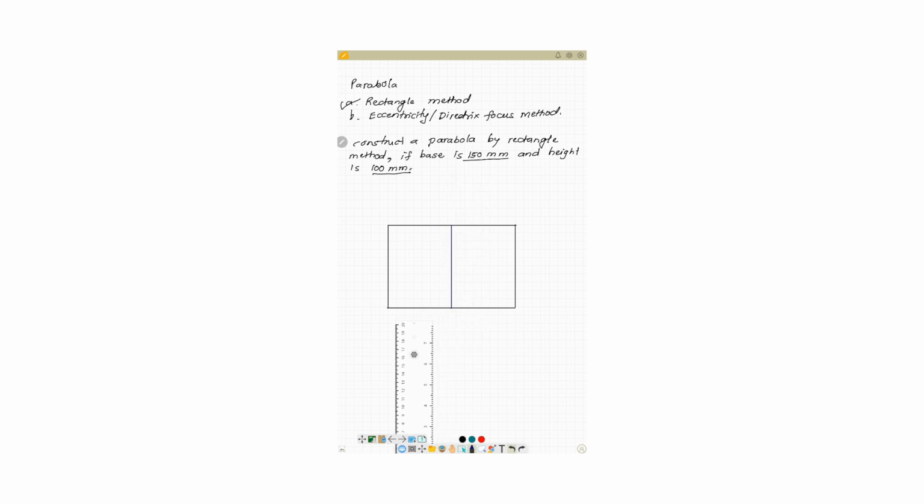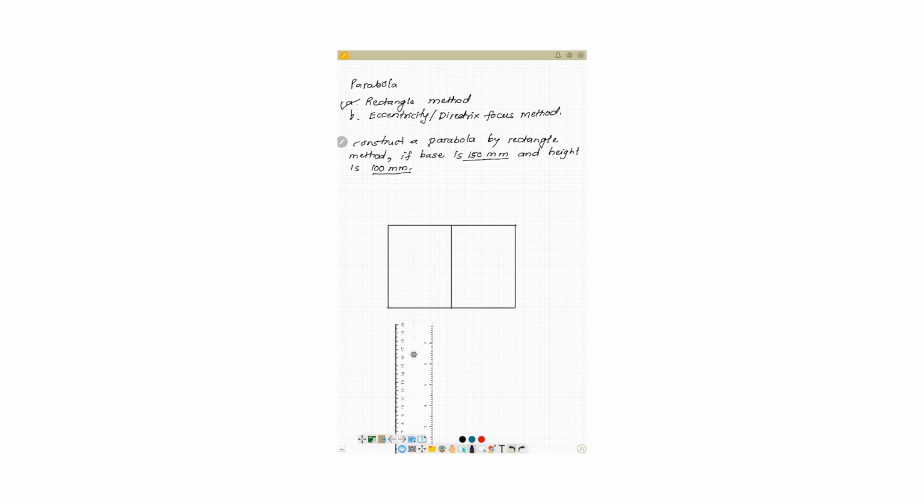Now when I have drawn the line, I can see that this entire rectangle is getting divided into two equal parts: this rectangle with dimension 75 by 100 and the other rectangle with the same dimensions, base 75 and height 100 mm. So the bigger rectangle of 150 by 100 is divided into two equal parts, 75 by 100, 75 by 100.